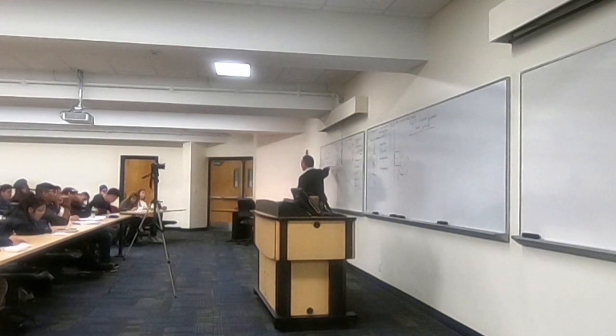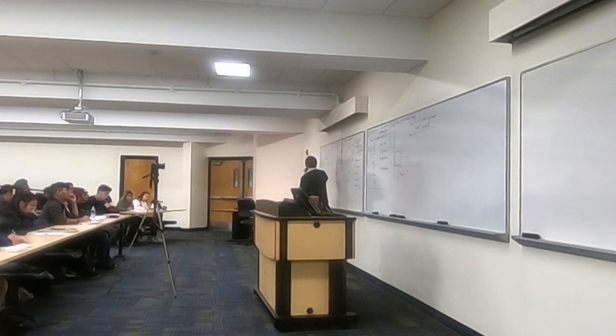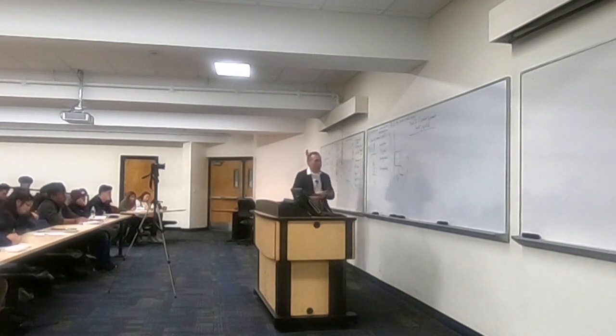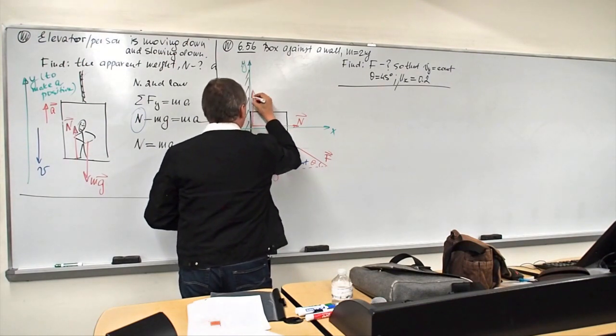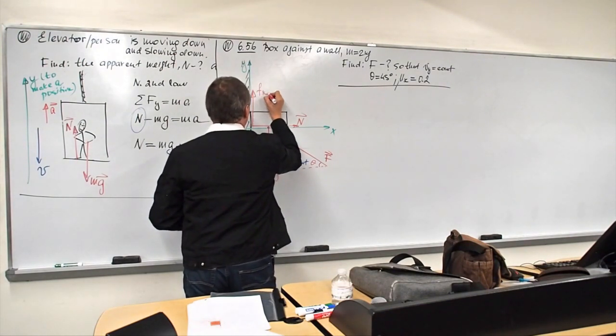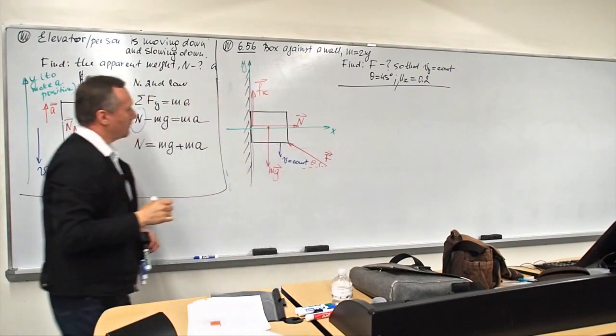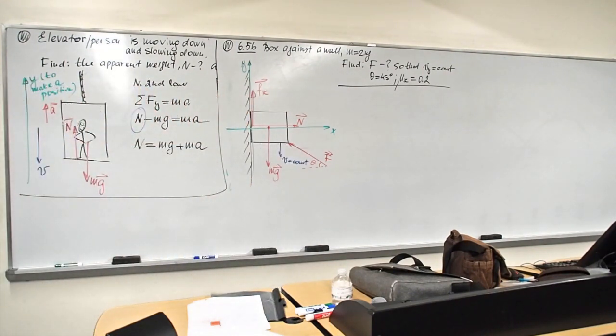So it's a kinetic friction. All the time, the direction of the kinetic friction force is opposite to the direction of the velocity. Okay, so it means that the kinetic friction force acts upward. Fk.